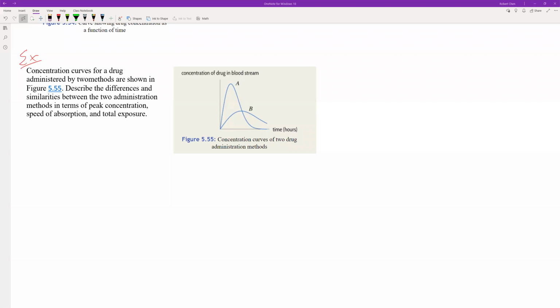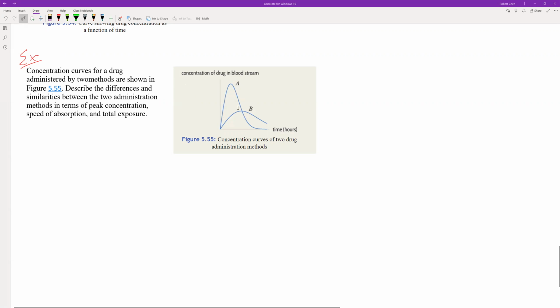The concentration curves for a drug administered by two methods are shown in this figure. We have method A and method B, and we can see that they are very different. Let's identify the differences between the two methods in terms of their peaks.